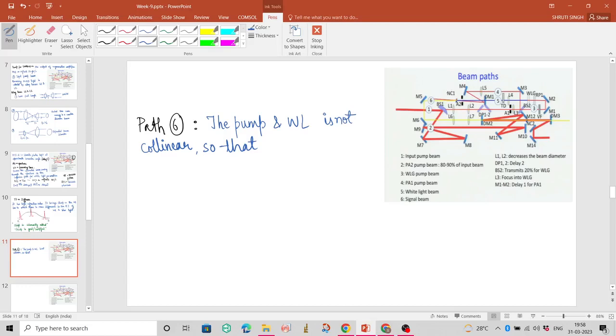So the pump can be blocked at this point, because now we have generated the signal, we don't need the pump anymore. The pump can be dumped after NC1, and this is the generated signal, which is the part 6.